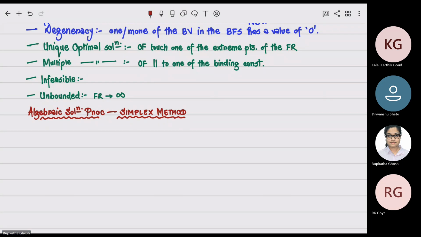So there are a few steps of the simplex method. The first step, as I said, you can write it down also as I say: convert the LP to a standard form. And we already know what a standard form is.